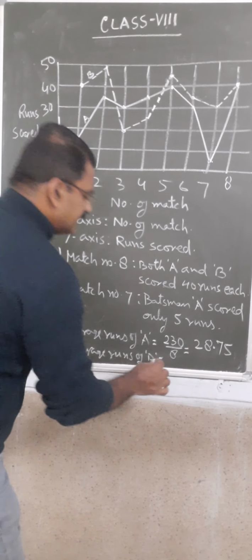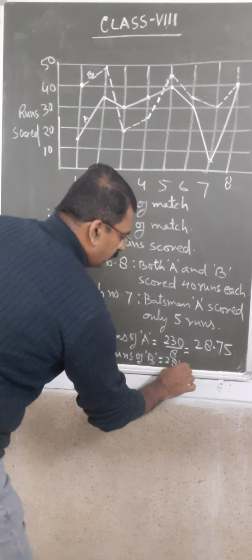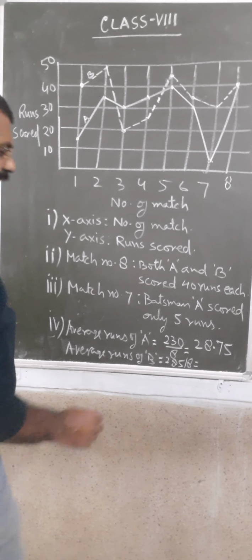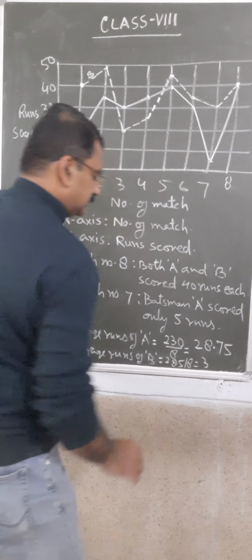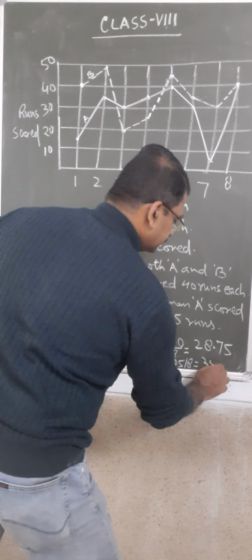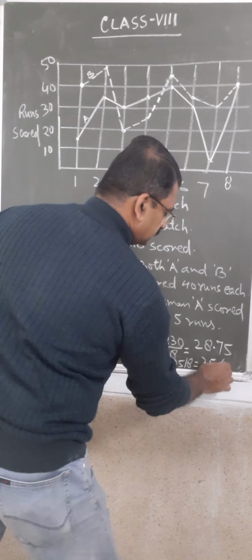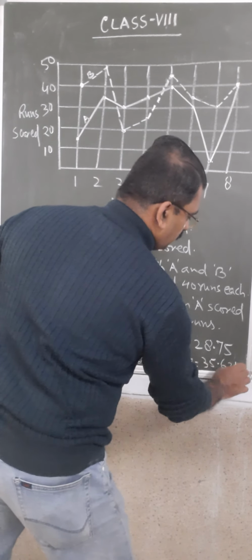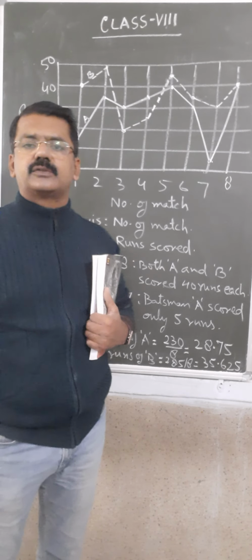The total is coming out to be 285 upon 8. So 285 divided by 8. When you divide 285 by 8, you can see the average runs of B is 35.625.